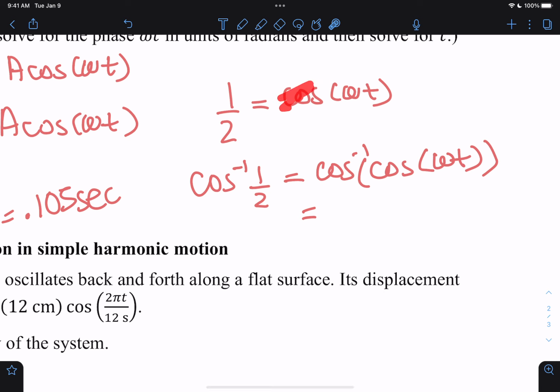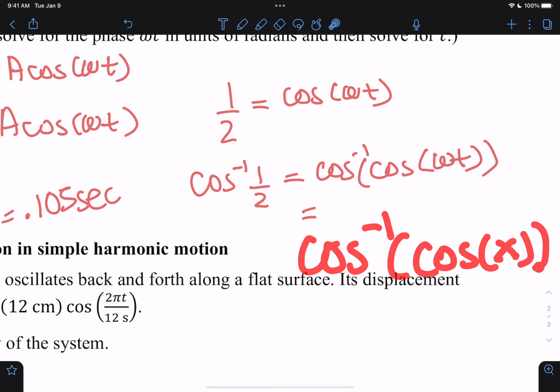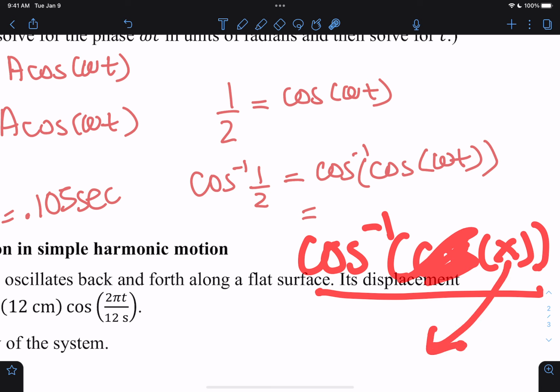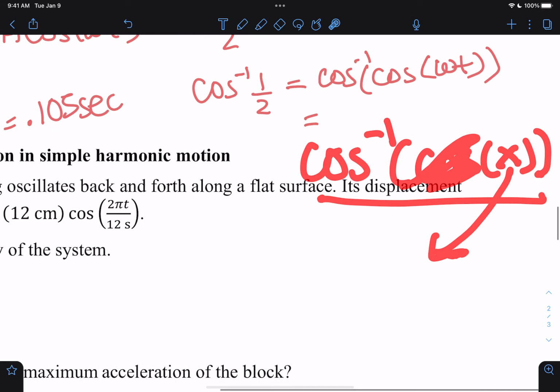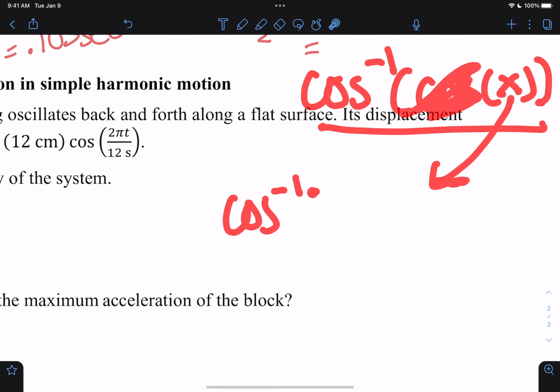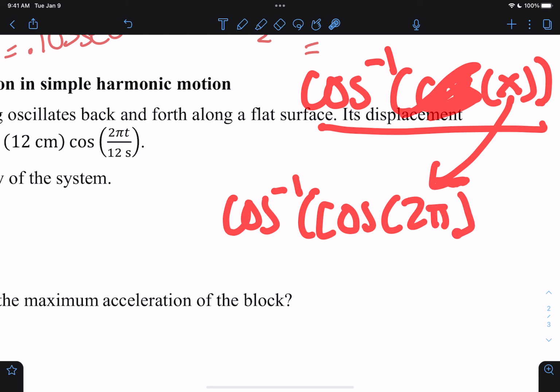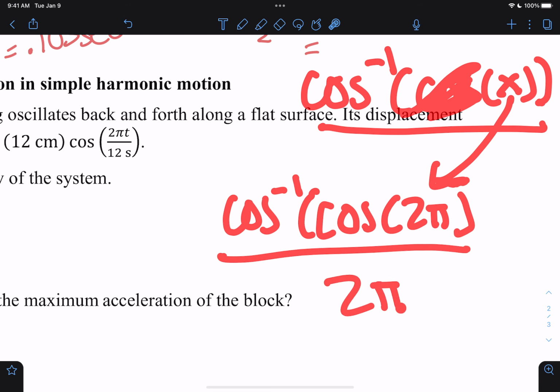So in order to get rid of this cosine function so that we can get to just omega t, and afterwards get t alone by itself, we want to take the inverse cosine. If you take the inverse cosine of a cosine function, cosine of x, this will cancel out the cosine function, and you're just left with what was inside the parentheses of the original cosine function. Like I said, if I had inverse cosine of cosine 2 pi and plug this into my calculator, I get 2 pi. So the inverse cosine cancels out the cosine and gives me whatever was inside the parentheses.